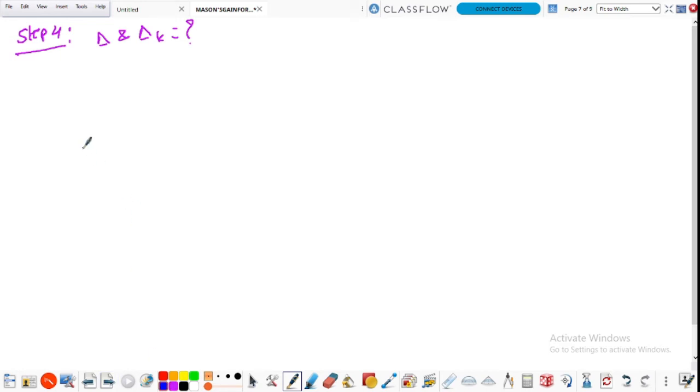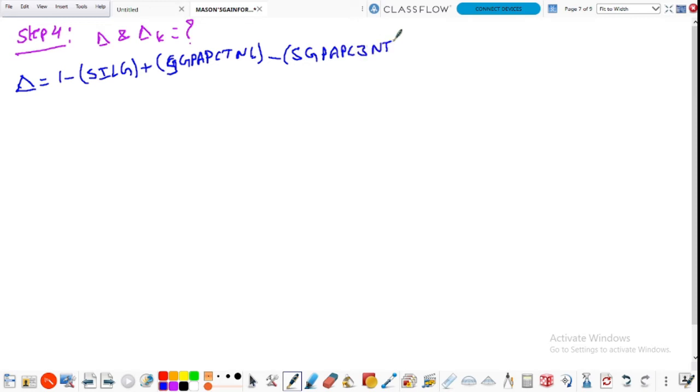Delta is equal to 1 minus sum of individual loop gains plus sum of gain products of all possible combinations of two non-touching loops minus sum of gain products of all possible combinations of three non-touching loops plus and so on. So this is the expression of the delta.